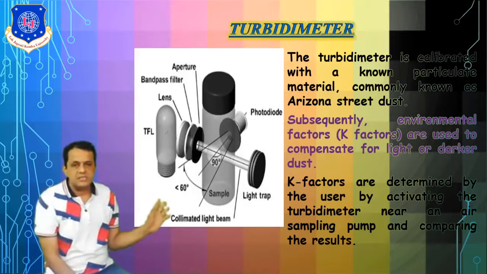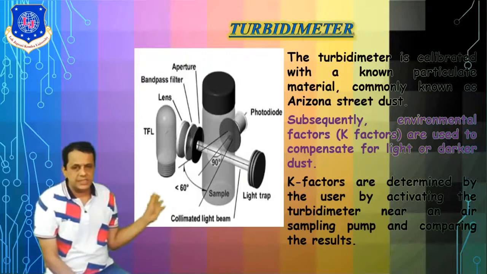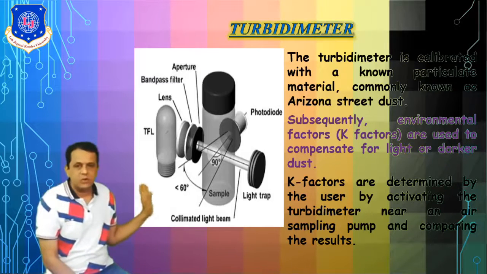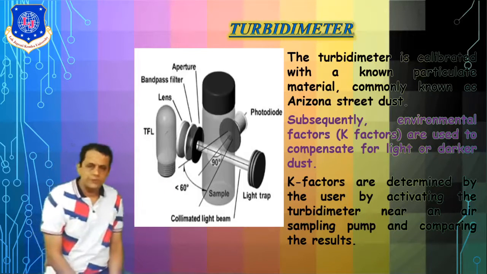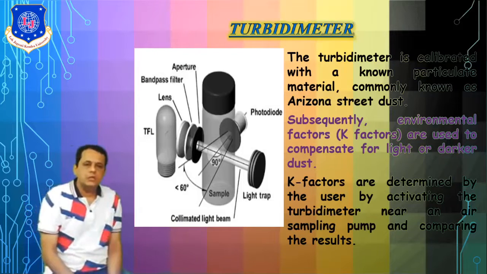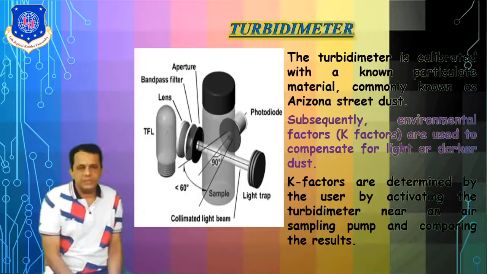The lens is there, then the band pass filter is there, and the light source is there, and the photodiode is set at 90 degrees to detect, and a light trap is also shown. This entire arrangement is known as a turbidity meter.